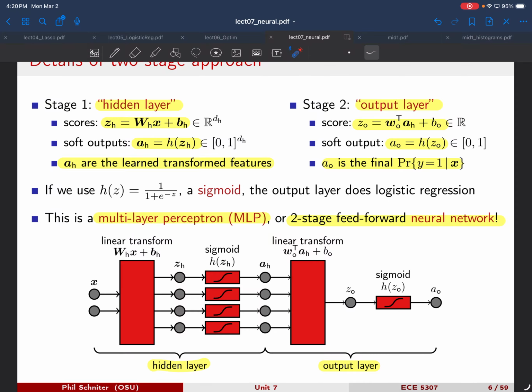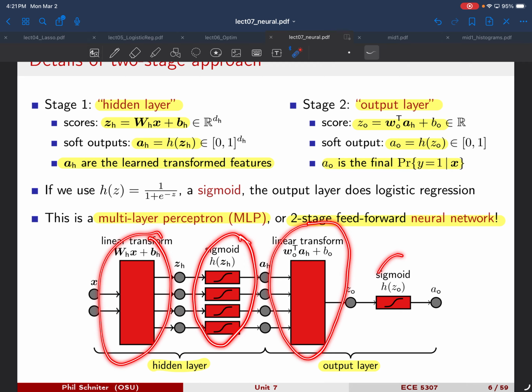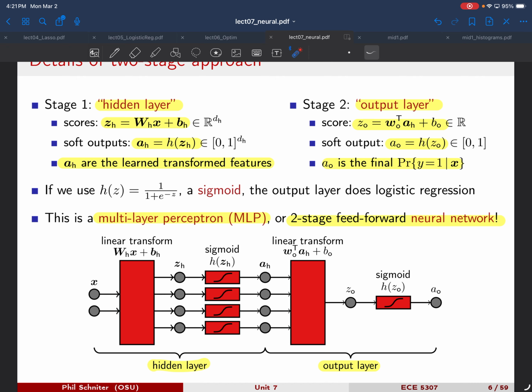Okay, yes? So is it that the last layer is going to be linear and the preceding layers are nonlinear, or does it have to be nonlinear, then linear, then nonlinear, then linear? Well, you can see that here we have a linear layer, here we have a linear layer, but then this one is nonlinear, and this one is nonlinear. So I'll talk about the choices we have for this and for this.